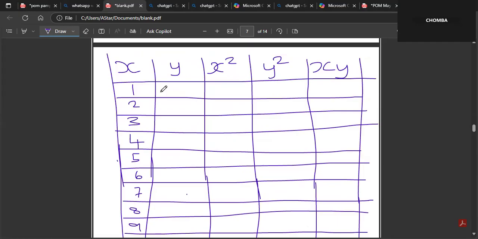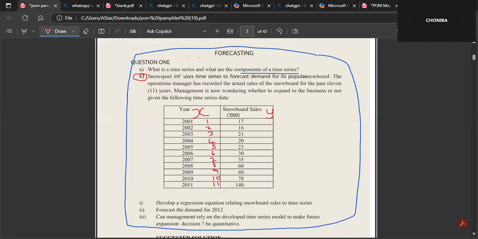From there you can pick up what we have. This one, 17, 16, 20. Why didn't we pick the actual years? We cannot pick those years when they come in that ambiguous way. You just need to put them as one, since it starts with 2001, right? You get it, right?